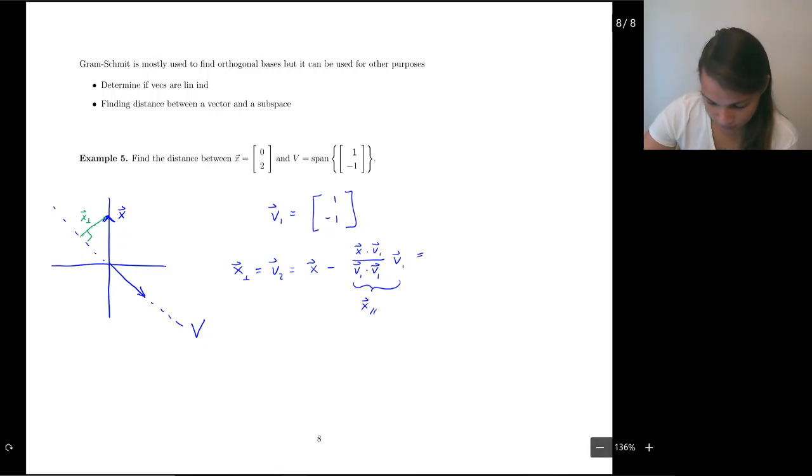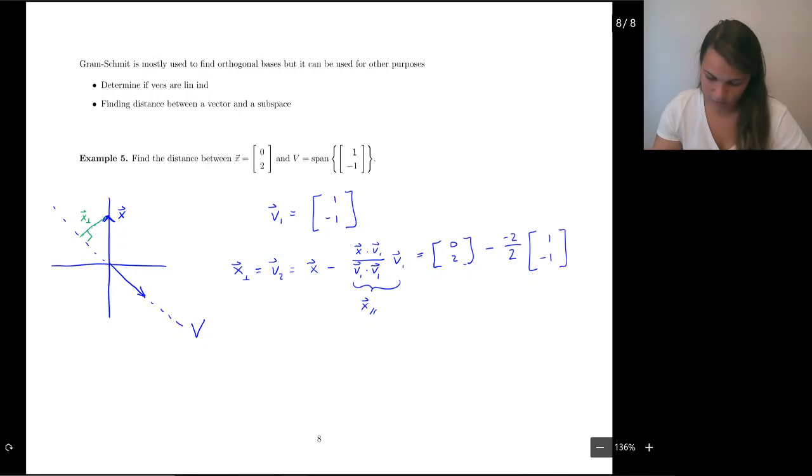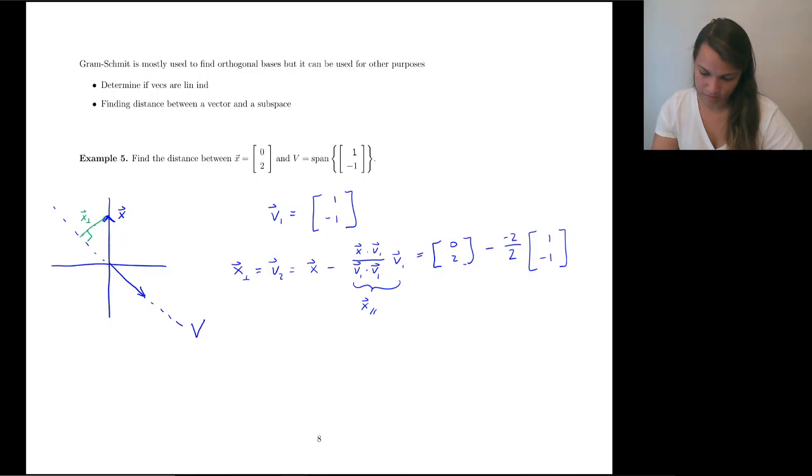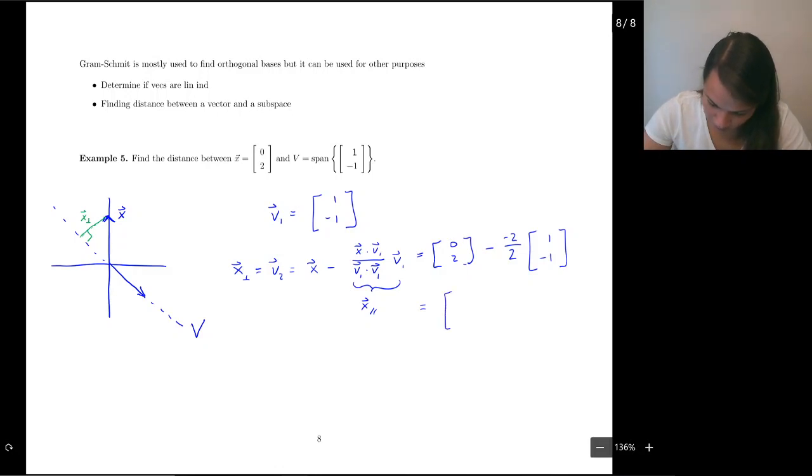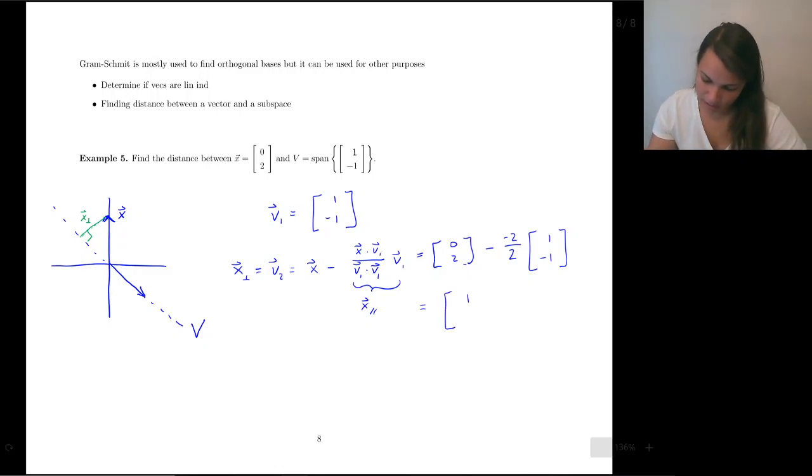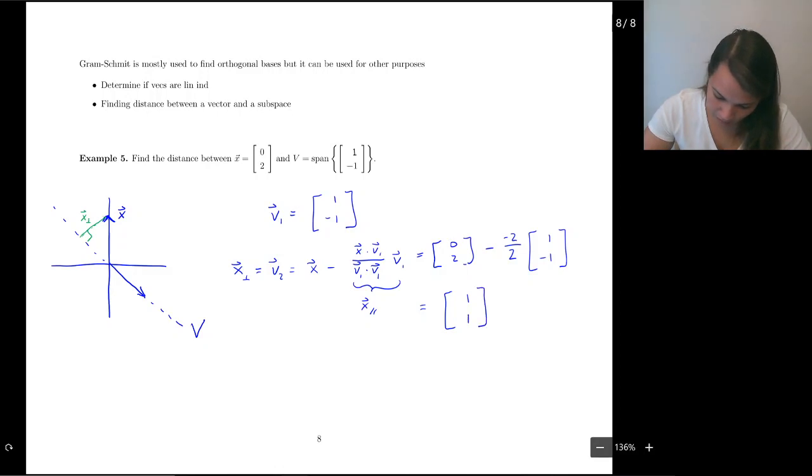So here we go. We plug these numbers in. x is 0, 2, minus the dot product is going to be a negative 2 over a 2 times 1, negative 1. Is that right? Yes. Okay. So that's just going to be 0 plus 1, which is 1, and then 2 plus negative 1, which is a 1.